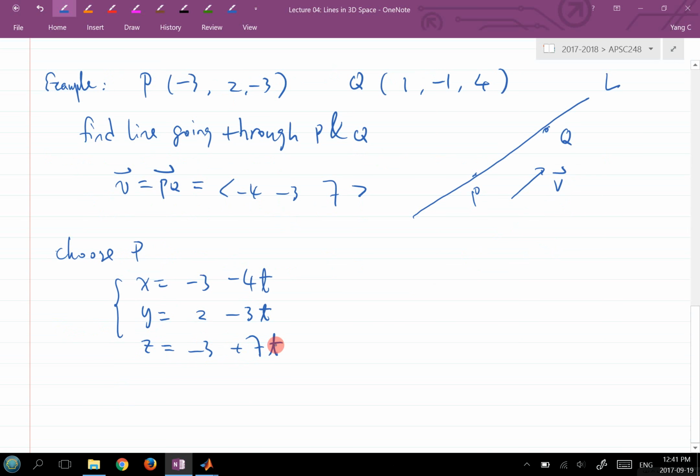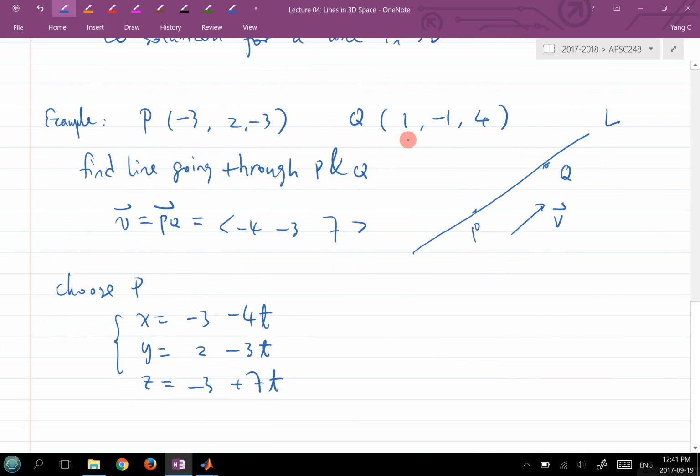That's the parametric equation for the line if I choose point P. Sorry, a mistake in PQ: this is positive, right? Yes, -1 minus 2 is -3. Good, at least somebody's awake.